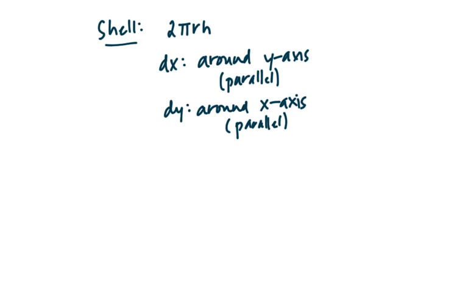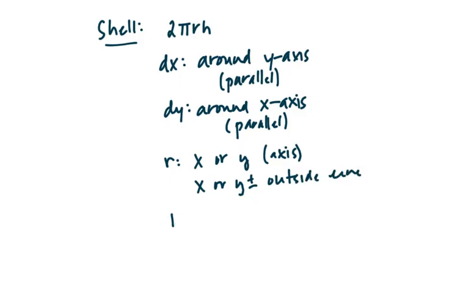There's never 2 radii. So the radius is x or y if you're going around the axis, and it's x or y plus or minus an outside line if you're going around a line of rotation. So your line of rotation gets handled inside the radius, and your height is always the function.